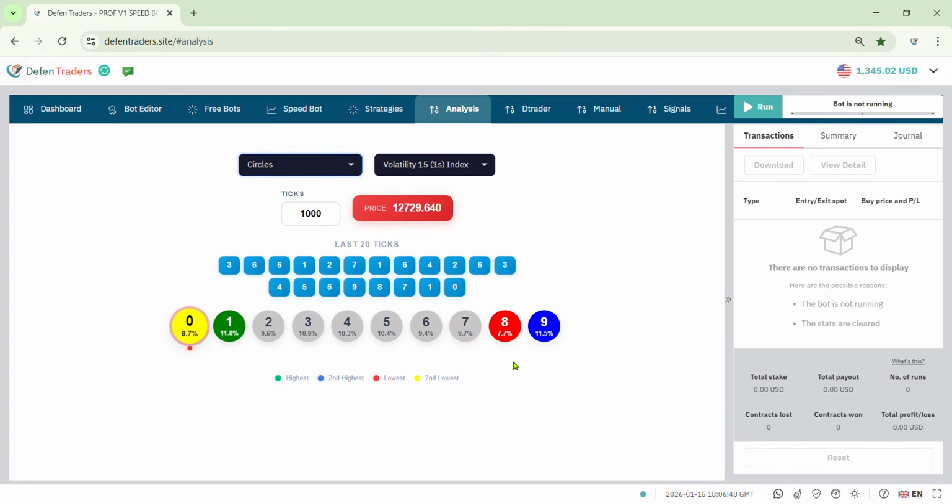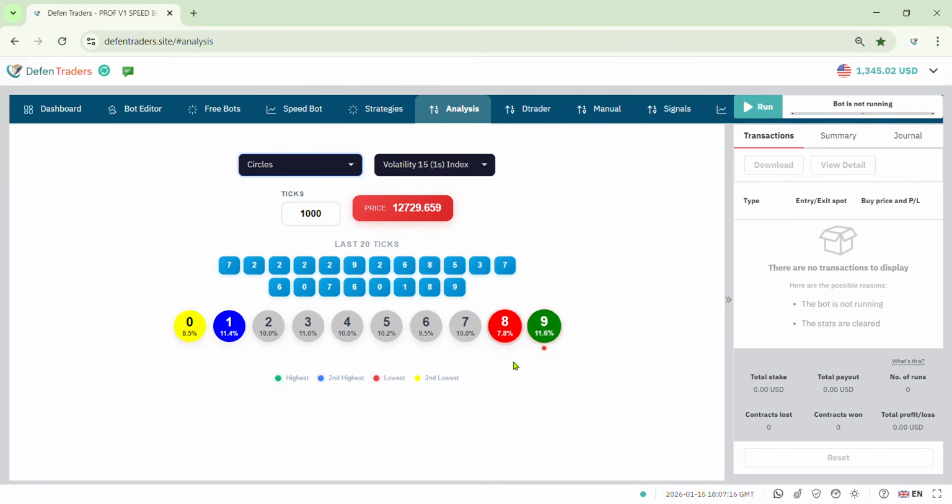Now when it comes to the psychology behind this, anywhere you see the green bar, the most appearing digit, that market or contract is presumed strong, and you can always think of winning from that angle.